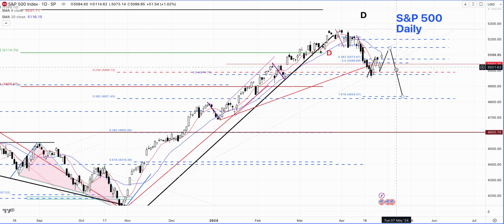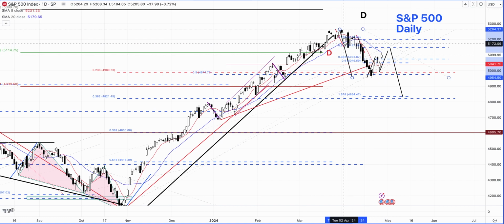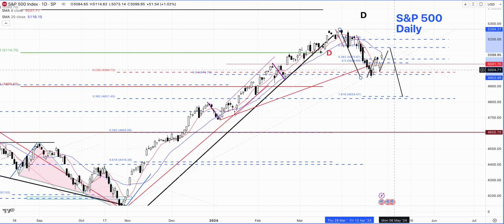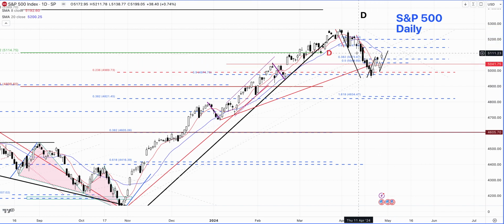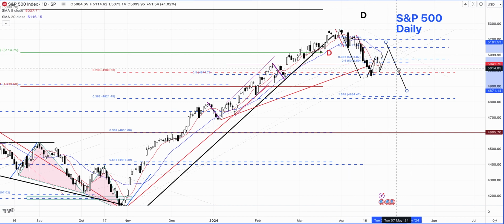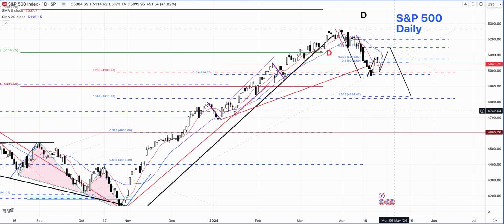So if we take the first scenario, that we are in a correction, and take this as our A to B leg, and assume the high comes from the 61.8%, if we project it, we also come close to 4835, which is fairly close to that 4800, 4810 level we had a look at on the weekly chart.